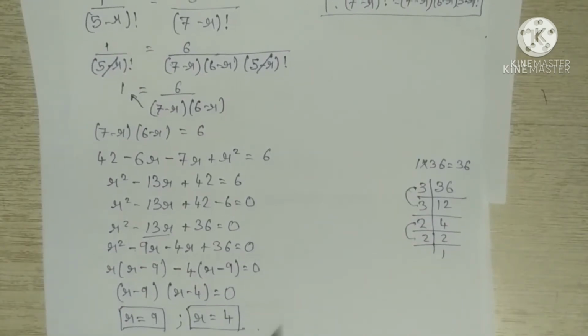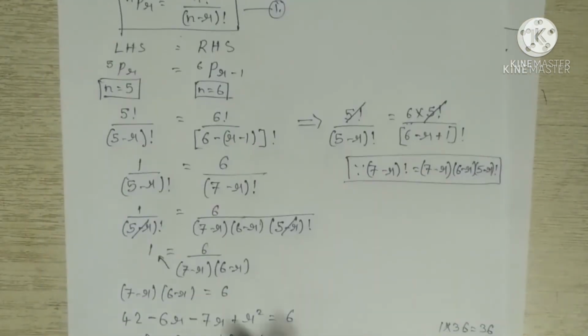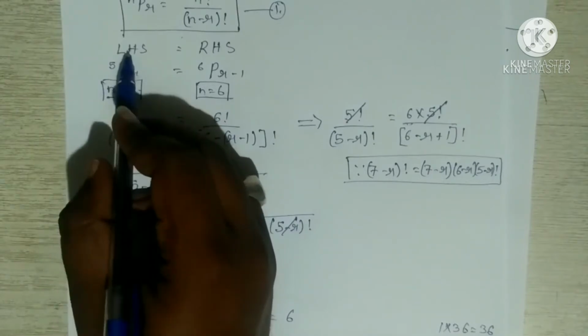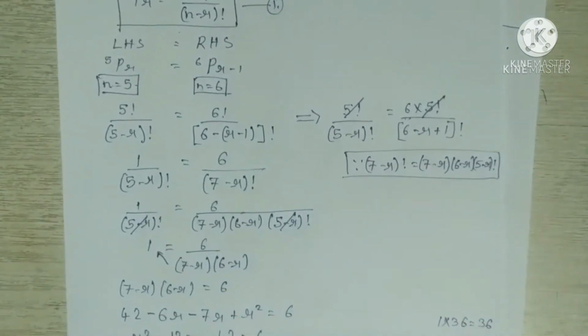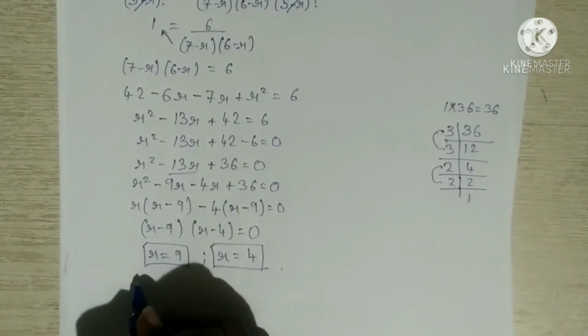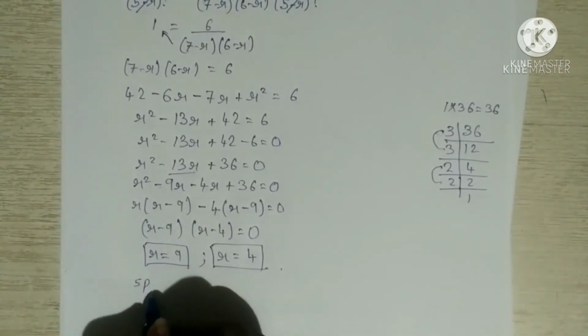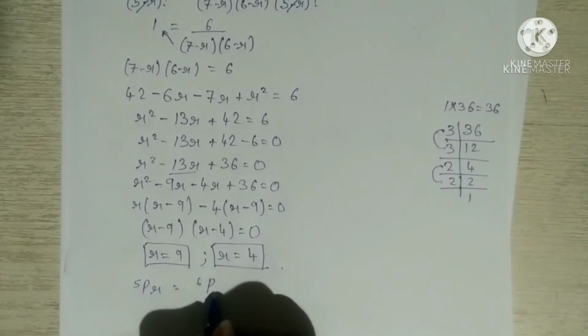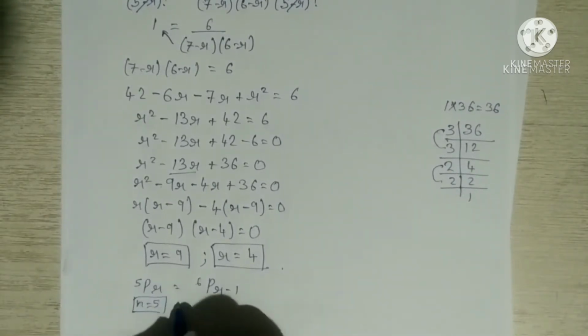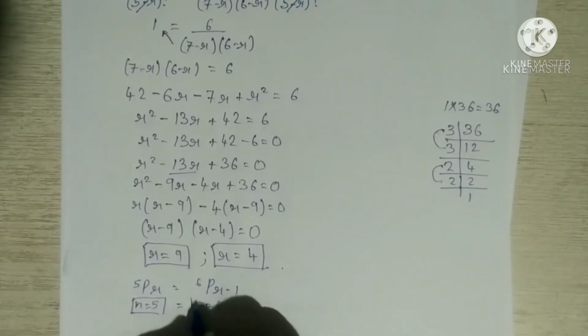Okay, in starting of the question I have told n is equal to 5 in LHS, n is equal to 6 in RHS. Okay, given question is 5pr is equal to 6p(r minus 1). n is equal to 5, n is equal to 6.